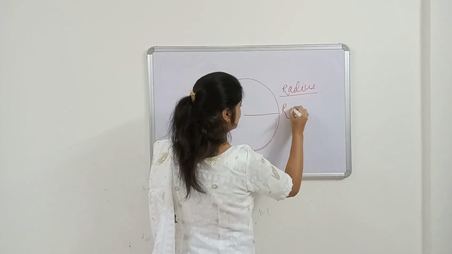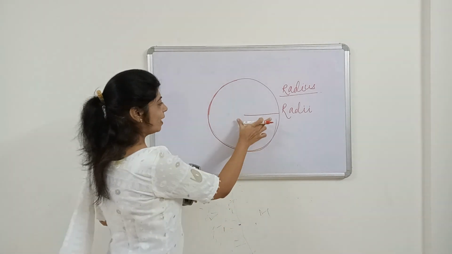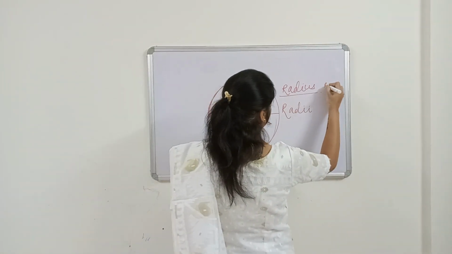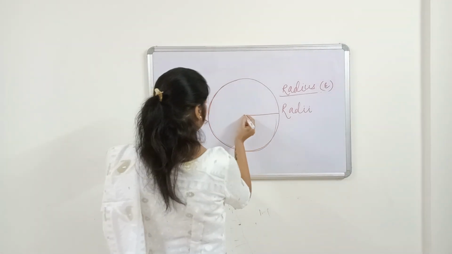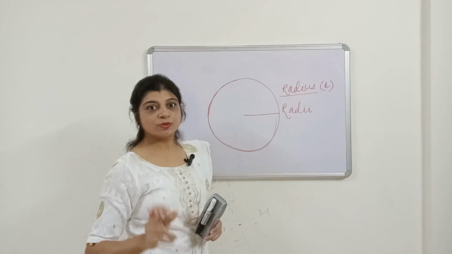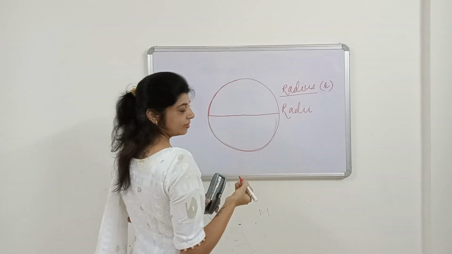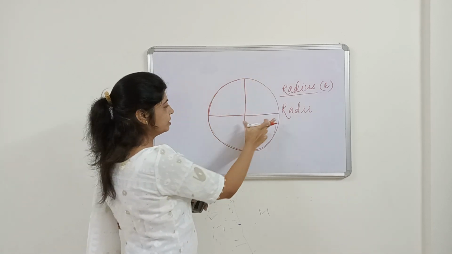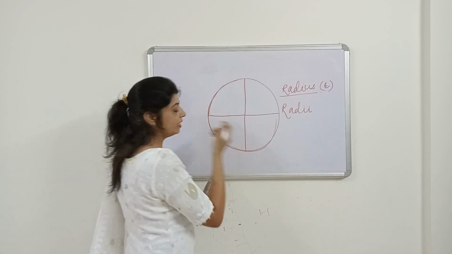Its plural is radii, R-A-D-I-I. And twice the radius is the diameter. We usually denote radius with a small r, and diameter means twice of it, T-W-I-C-E, 2 times, double of it. This is the diameter. This is also a diameter. Suppose the radius is 3, then of course the diameter will be 6.